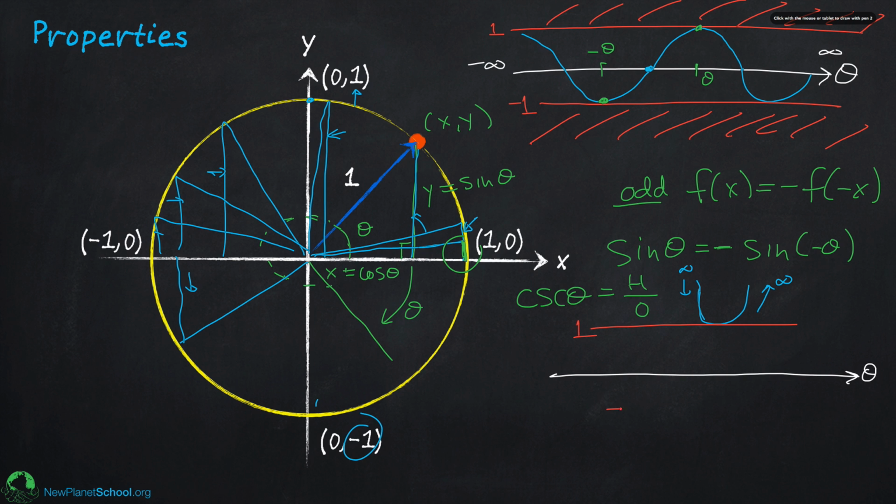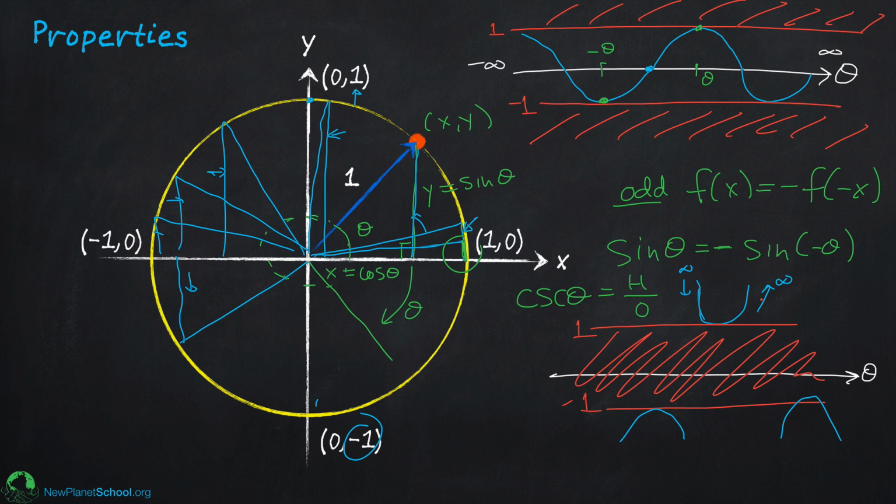And so even though it's a perfectly useful function, this is one of the reasons that a lot of people don't really like to use it, is its codomain. It's the opposite. It can't exist in here where things are nice. It only exists out here where things are going to infinity. So I think this is the reason that a lot of people don't like to use cosecant, secant, and cotangent, and they prefer to use sine, cosine, and tangent. They're just better behaved, and you can easily see that by looking at the properties that come out of this unit circle.